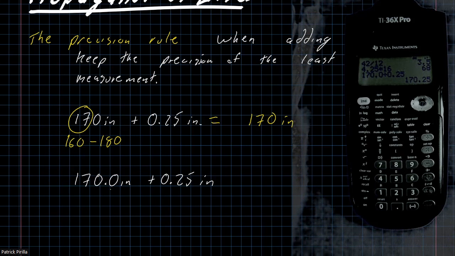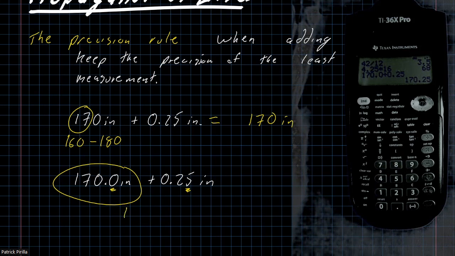Right? This measurement is to the nearest tenth of an inch. This measurement is to the nearest hundredth of an inch. The least precise measurement is this one, 170.0 inches. So that's where I'm going to round.